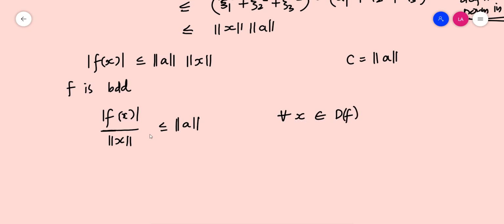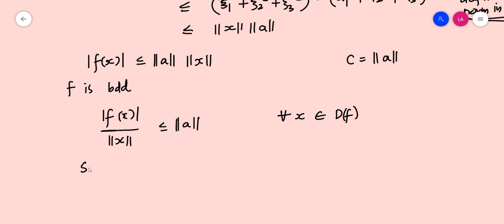This means that if you take the collection of all modulus of f of x by norm x, norm a is an upper bound.